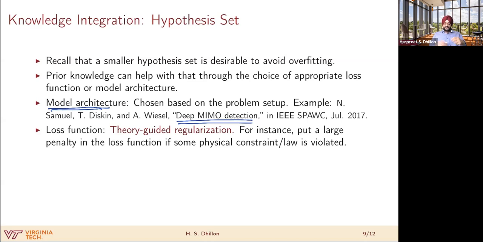Now, something a bit more general is incorporating this knowledge in the loss function, which can be treated as theory-guided regularization. For instance, say you have a certain physical law, and you want your model to be consistent with that physical law. You could put a large penalty whenever that law is violated, and that large penalty term could come in the loss function.